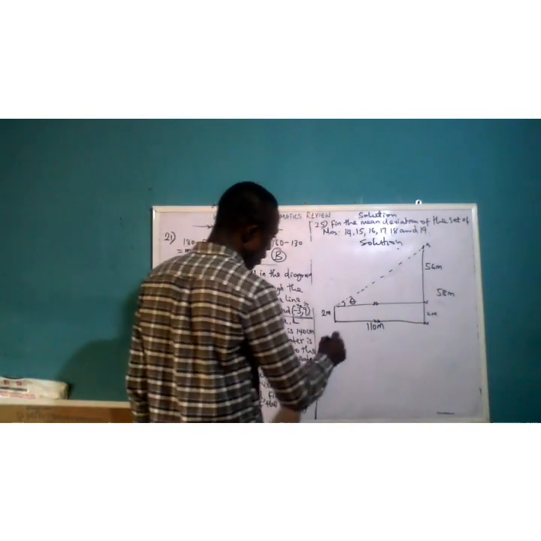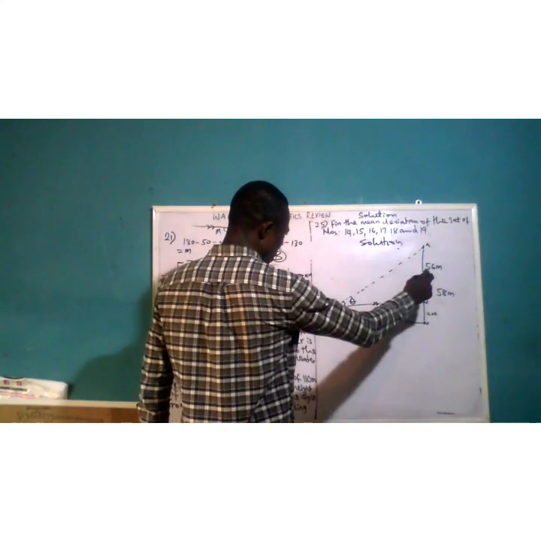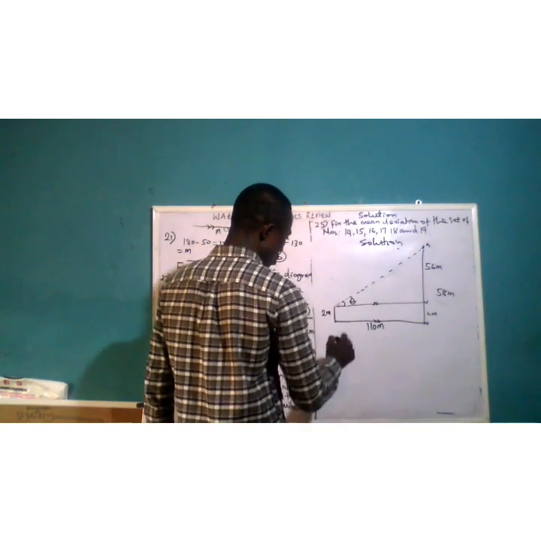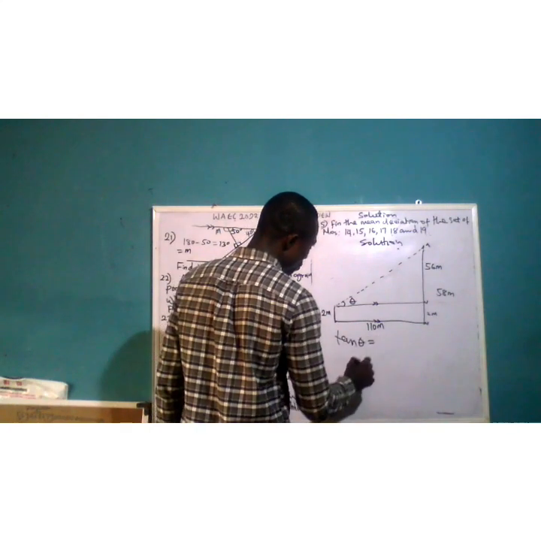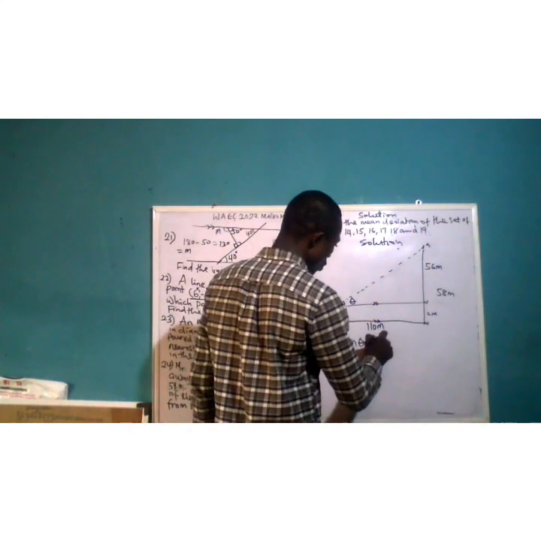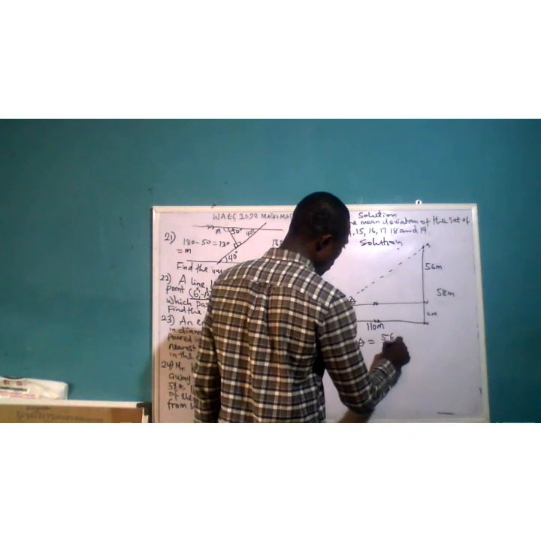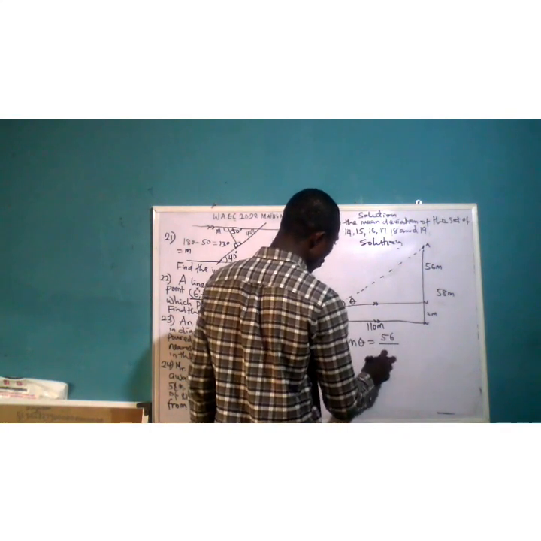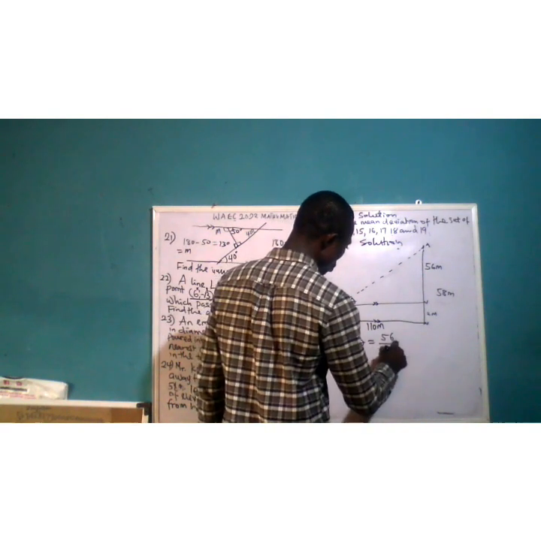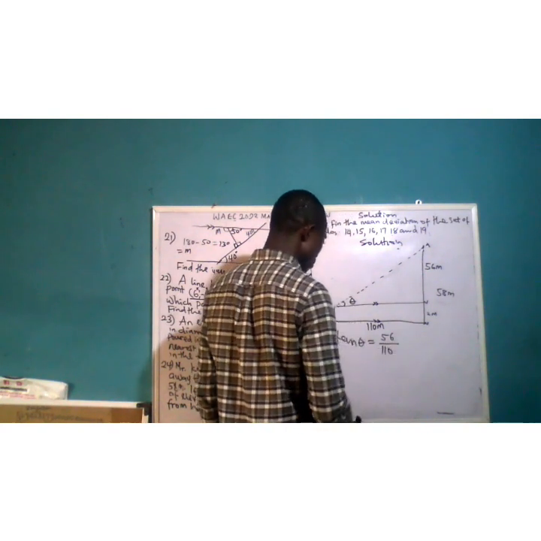So therefore you can take the tangent of this angle. In other words, you have tan theta equals opposite, which is 56 meters, all over adjacent, which is 110 meters.